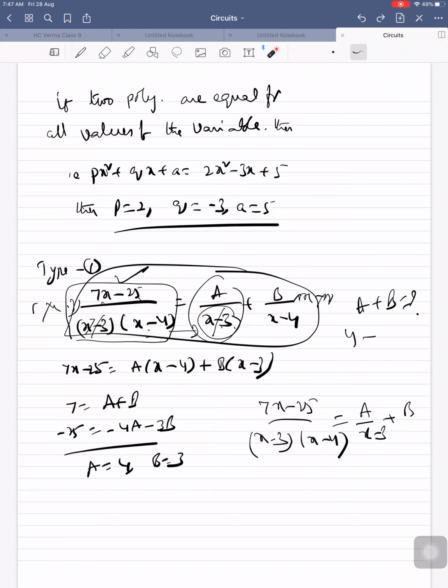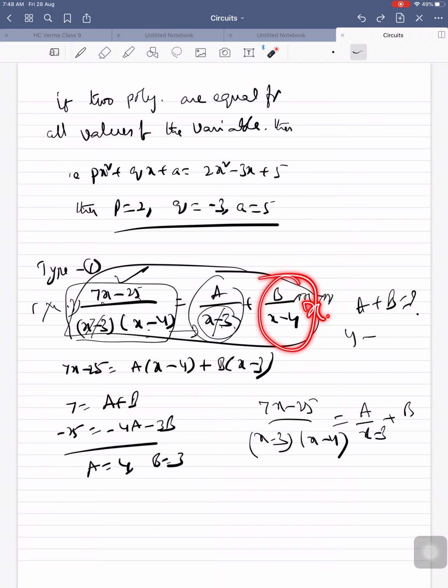So try to do it in this way. I'll do it my way, which means you have to solve this question in a fraction of a second. I want A. For that I don't want this, so on both sides I multiply by (x minus 3). Both will cancel; here (x minus 3) will cancel and A alone will be there. For finding the A value, I'll put x equal to 3, because I don't want this.